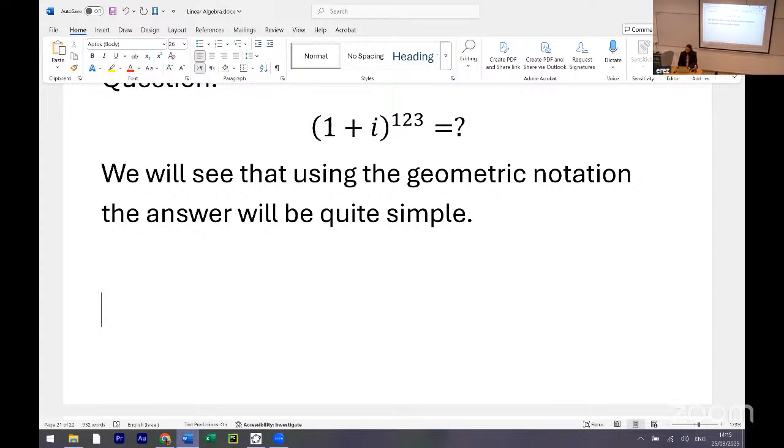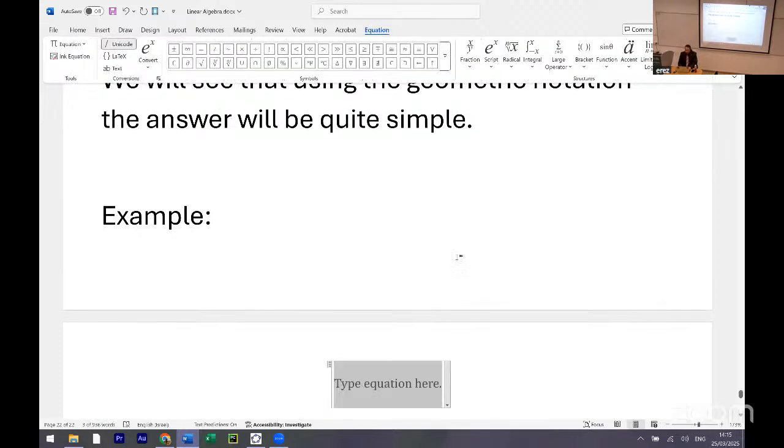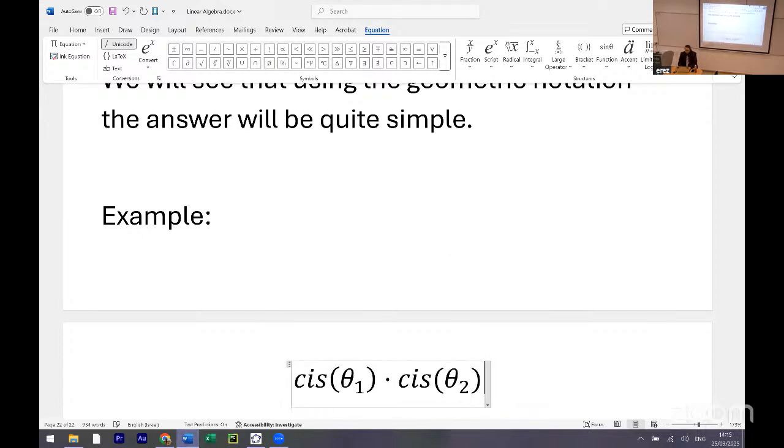I'll write that it is an example, but it will sum up to be a theorem. So given two complex numbers of length 1, cis of theta 1 times cis of theta 2, I wish to know the result, okay?